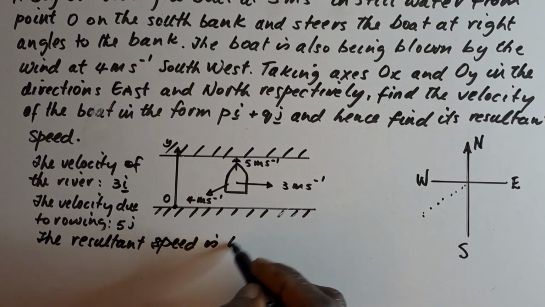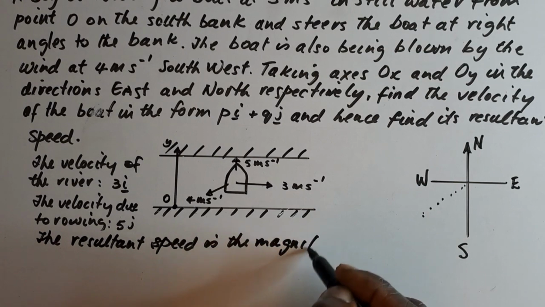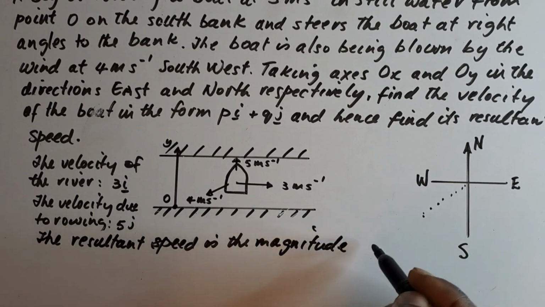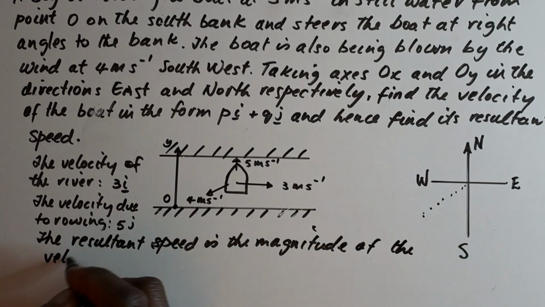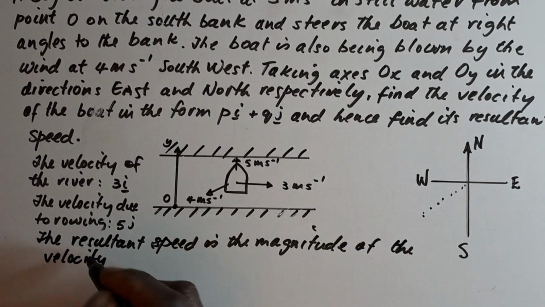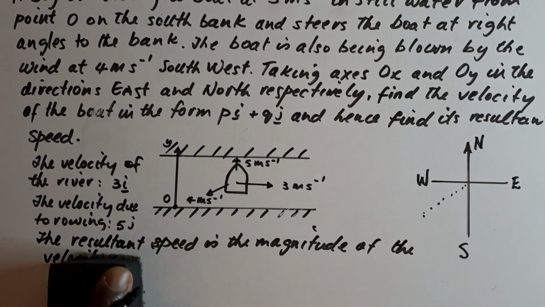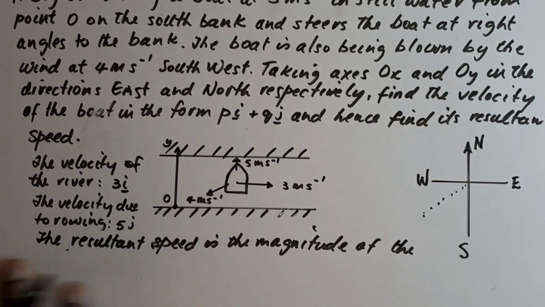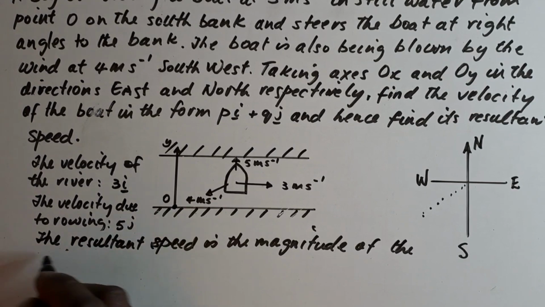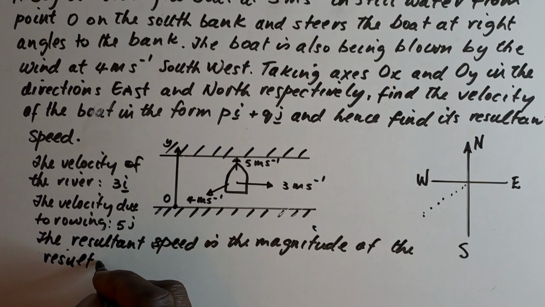So it is the magnitude of the resultant velocity, sorry, because we have found the resultant velocity in order to find the resultant speed.